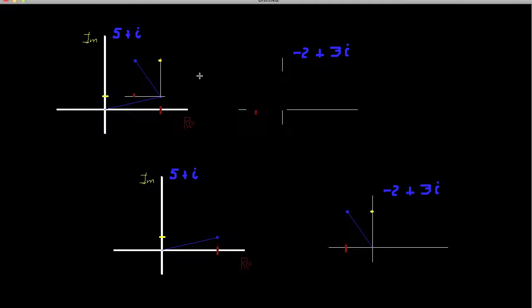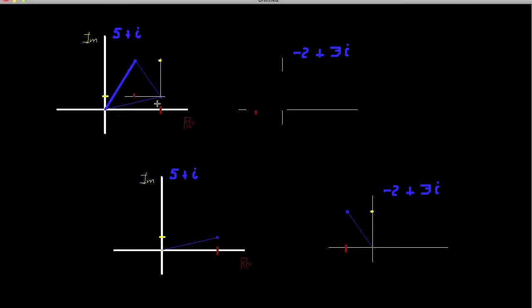So now I have a new vector representation for this complex number, which is this line plus that line, keeping the directions of the lines true to their original direction. And that sum then becomes that line. So that is the sum of the two complex numbers.